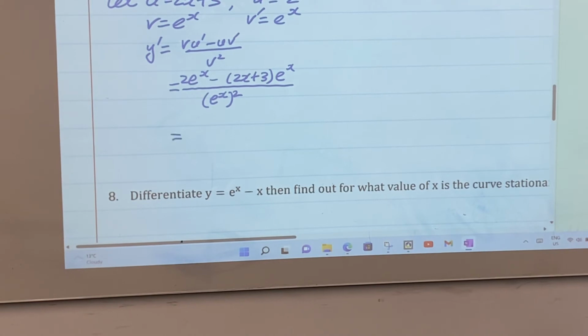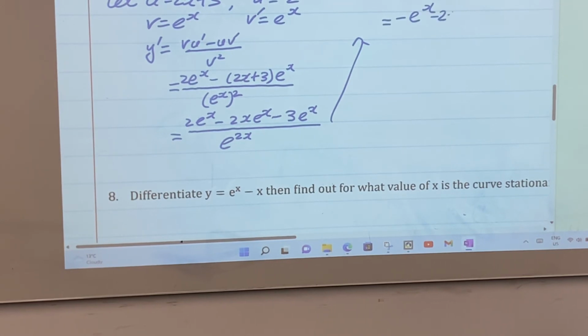So I get 2e to the power x minus 2x e to the power x, minus here, minus 3e to the power x. I get e to the power 2x. Right, on this part, I get minus e to the power x minus 2x e to the power x, over e to the power 2x.